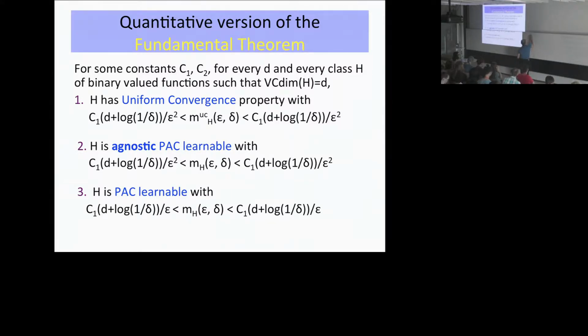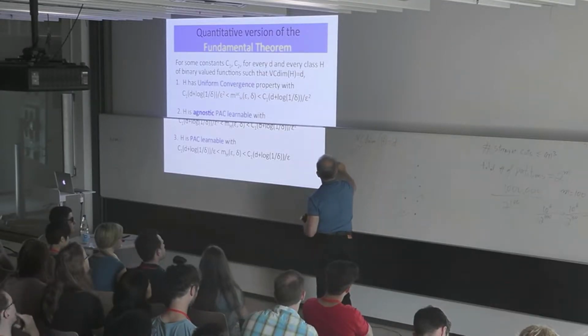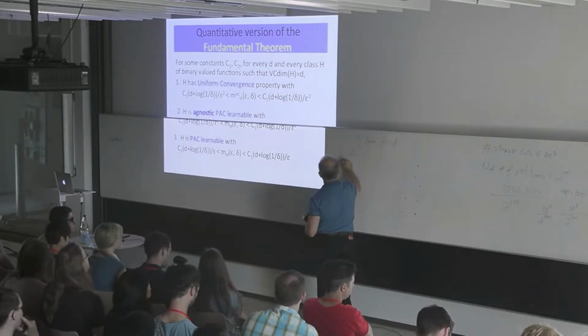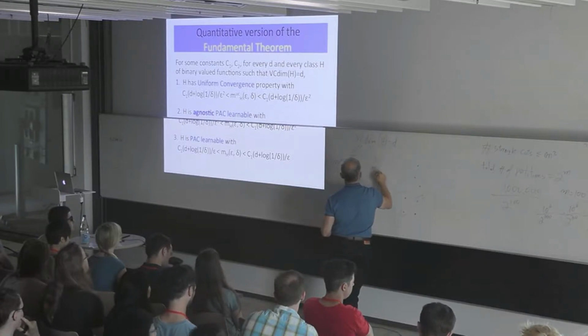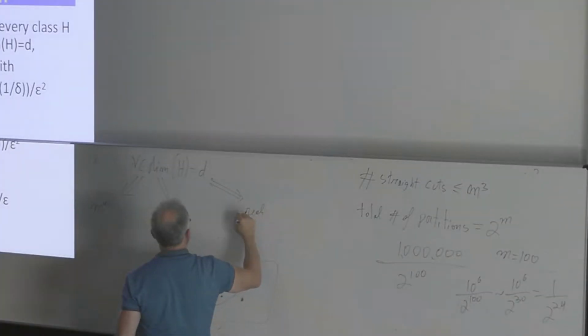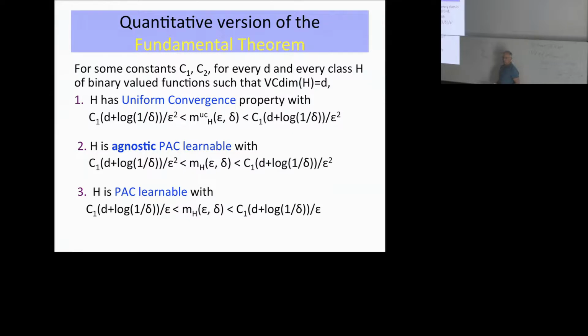So VC dimension of H equals D implies the rate for uniform convergence, it implies the rate for agnostic learning, and it implies the rate for realizable learning. So the only assumption is the VC dimension. So the assumption is that the VC dimension is smaller than infinity, right?